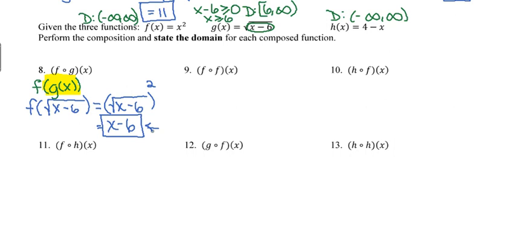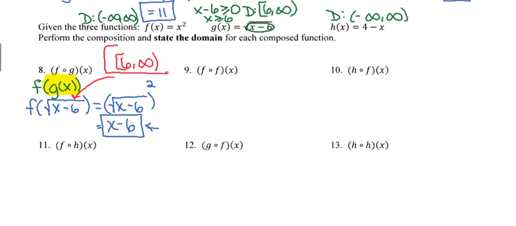But what's tricky here is that we also have to take into consideration the input, and the input had some restrictions on it because the input was that square root function. And we said that its domain was 6 to infinity. So the restrictions on the input here are 6 to infinity.